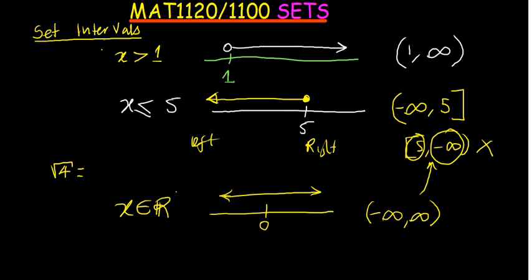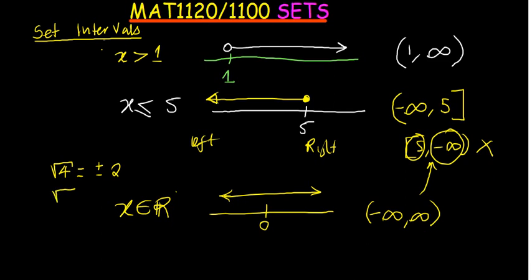Which two numbers can we multiply by itself to get 4? Yes, that's correct. It can either be positive or negative 2.